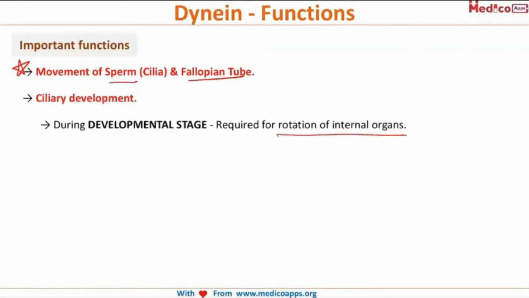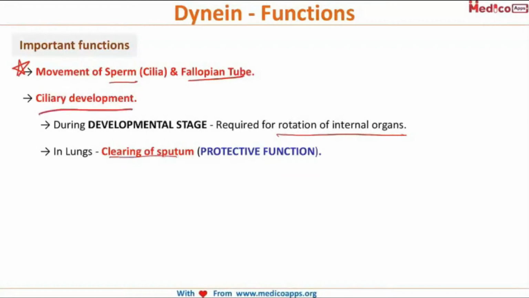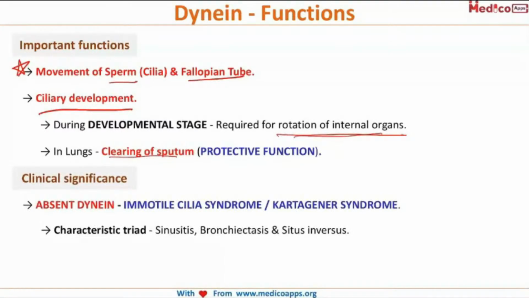Okay. Now, another important function is clearing of sputum in the lungs, which is a protective action for the lungs. We have just seen that when there is a disturbance in the ciliary development, there is a malrotation of the internal organs, right? This condition is called Kartagener's syndrome or immotile cilia syndrome.